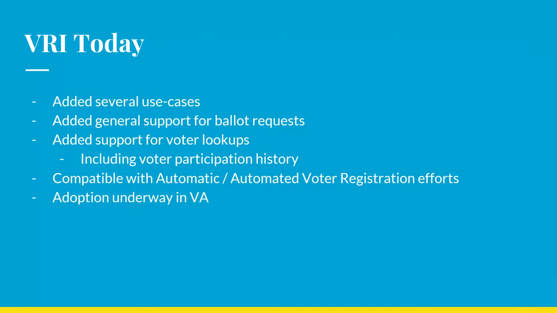And a lot of this work came to be through prototyping a voter registration system in Virginia and seeing if the VRI format would work for the Commonwealth of Virginia. And we added these use cases in a very de minimis way without changing radically the format overall, so people who have used it in the past can continue using it, and it's an easy upgrade.